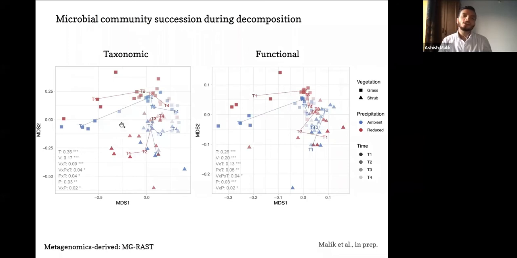So what we saw here is that during community succession, the taxonomy of the different communities merges together at the end. And we see that the shrub communities are very different.